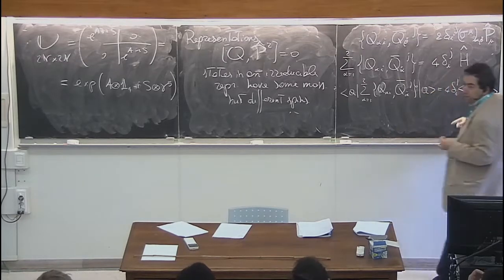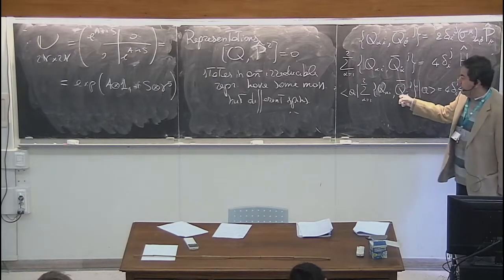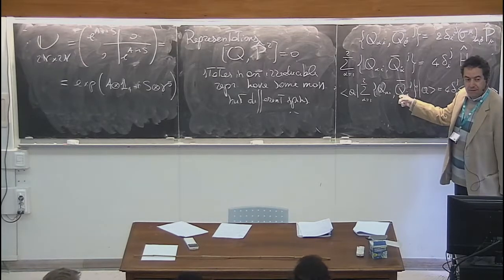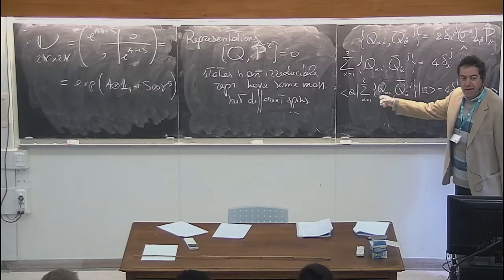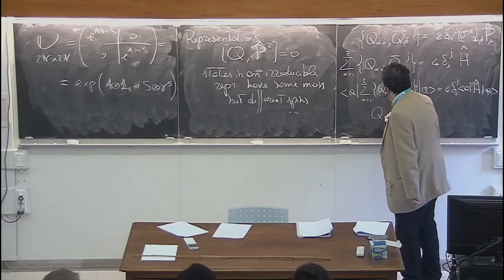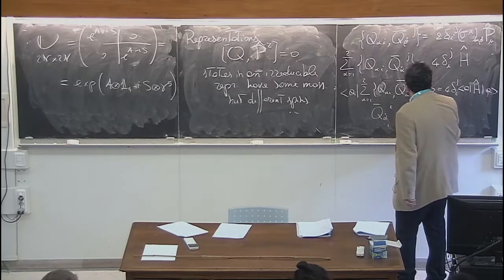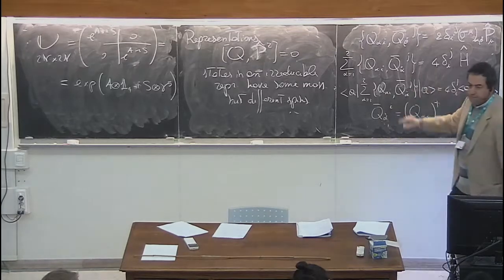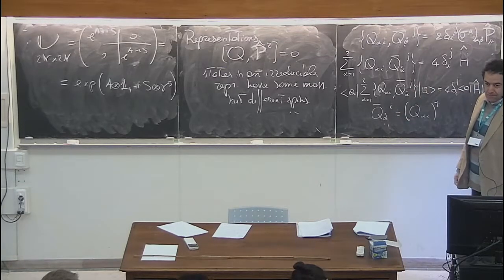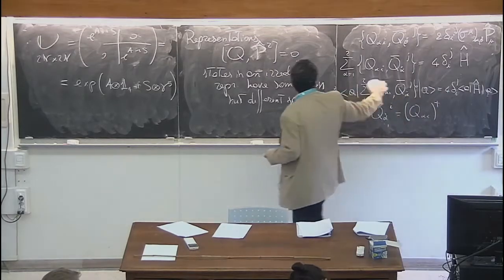This is the vacuum expectation value of the energy. Now remember that this operator is the dagger of this one. Remember, Q̄_α̇^I is Q_α^I dagger. This is important because of what the right-hand side is.